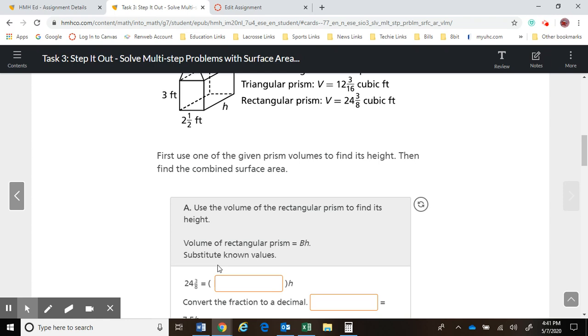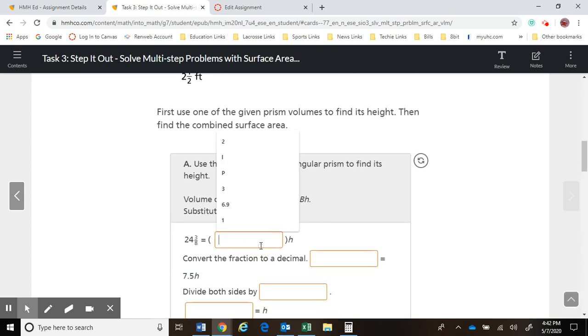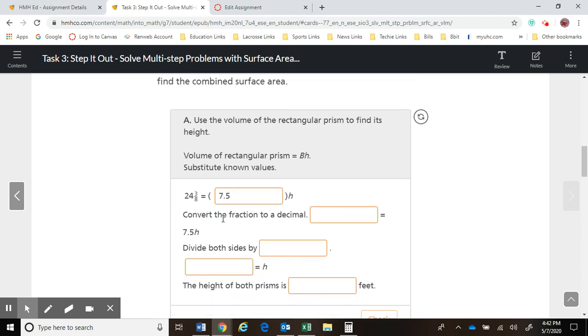All right. So what is the area of the base? Area of the base of the rectangle, 7.5. Well, we know that already. And it says convert that fraction into a decimal. So convert that fraction, 24 and 3/8, into a decimal.